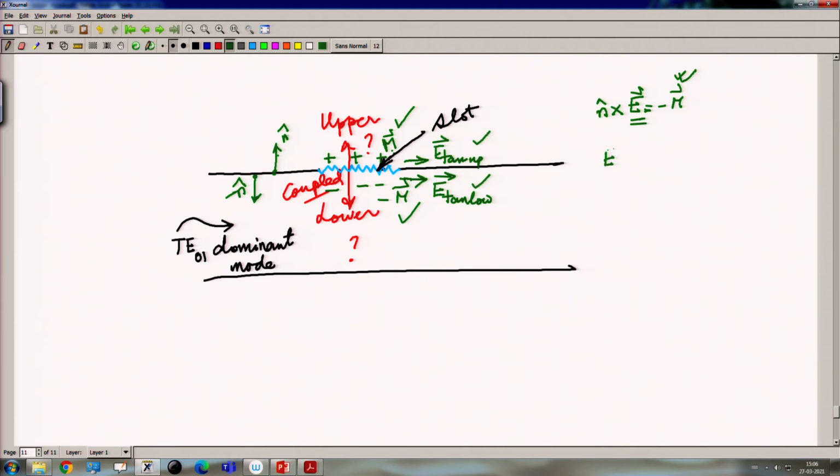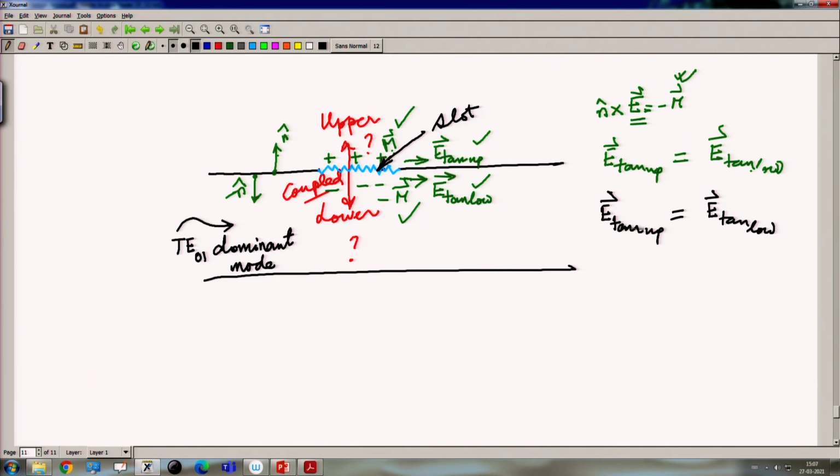Therefore, we will have E tan up equal to E tan low.